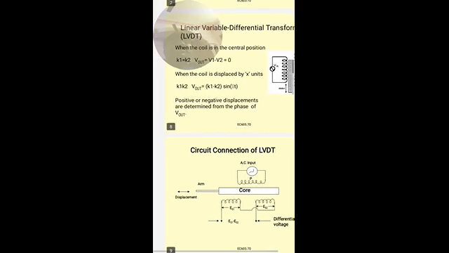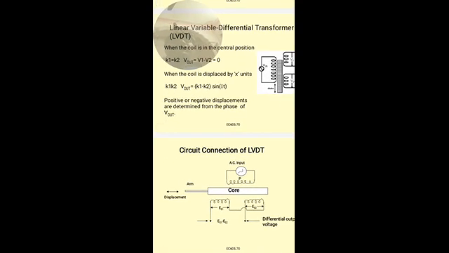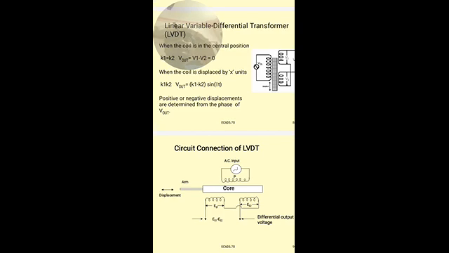In the linear variable differential transformer, when the core is in the central position, K1 is equal to K2, and V out is equal to V1 minus V2, or V2 minus V1 we can write. When the core is displaced by X units, V out is equal to K1 minus K2 into sin omega t. The positive or negative displacement is determined from the phase of the output voltage V out.